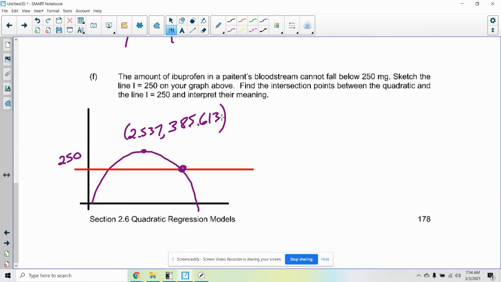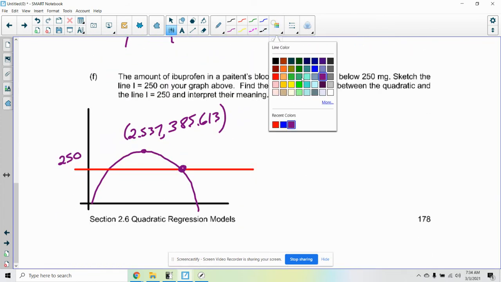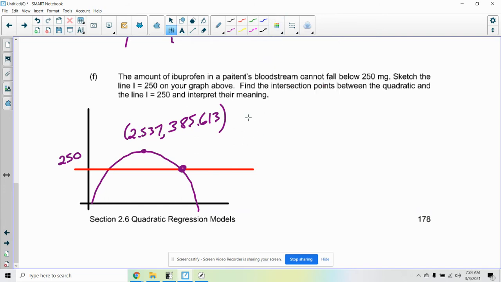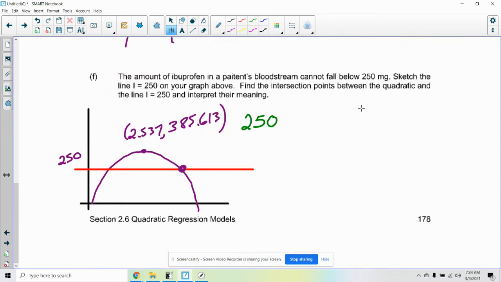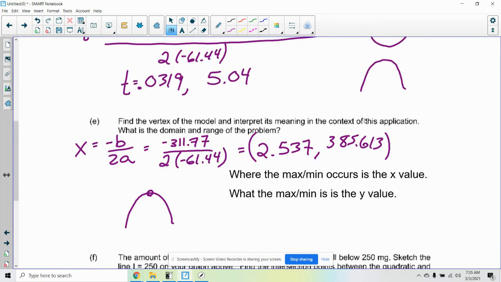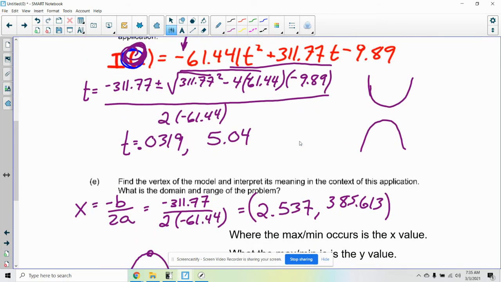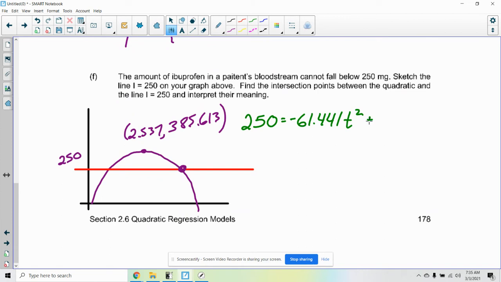Let me rewrite that again. 250 equals negative 61.441 t squared plus 311.77 t minus 9.89.